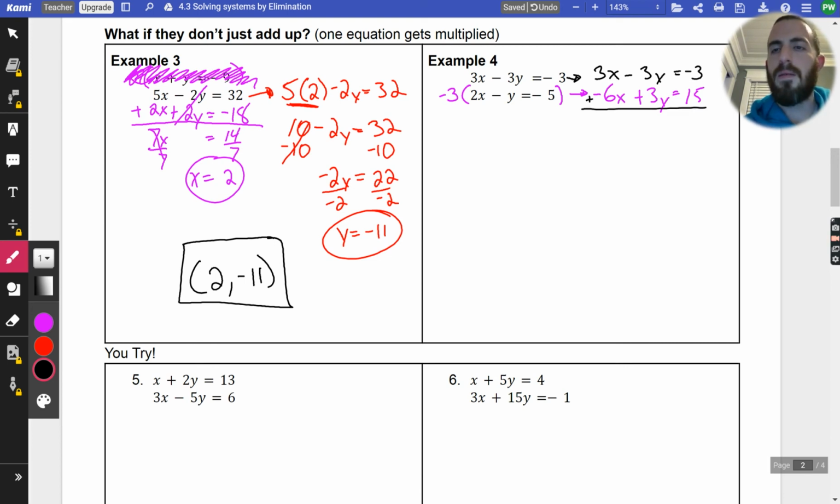Now we're going to add them together like we did on the past couple examples. That gets us negative 3x. Negative 3y and positive 3y cancels each other out. 15 minus 3, we get 12. Get the x by itself. So we get negative 4.